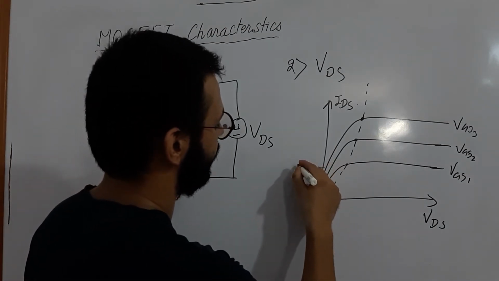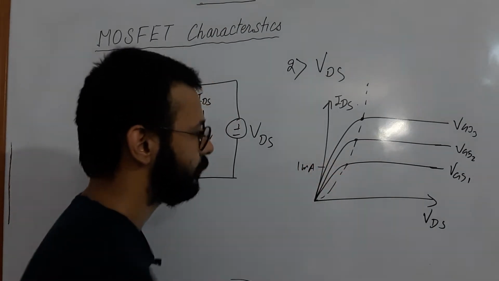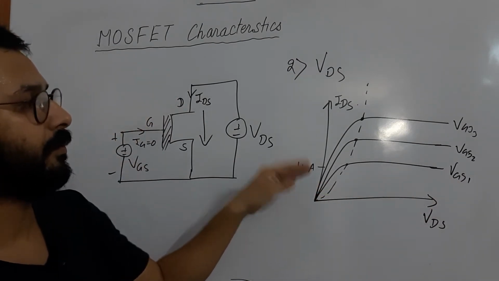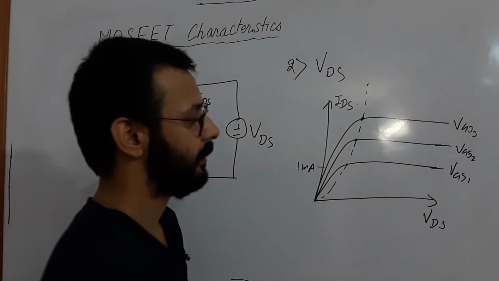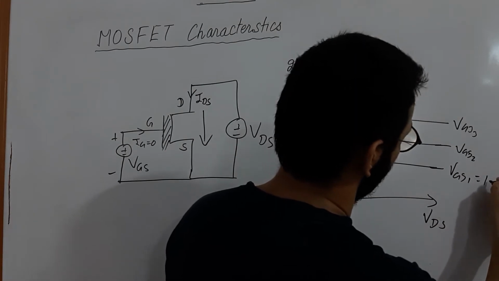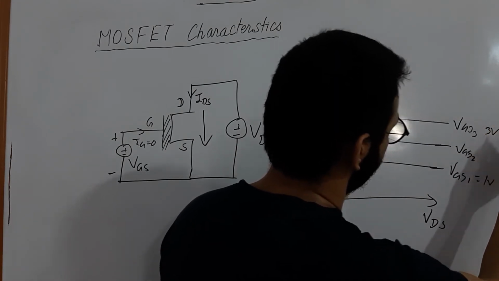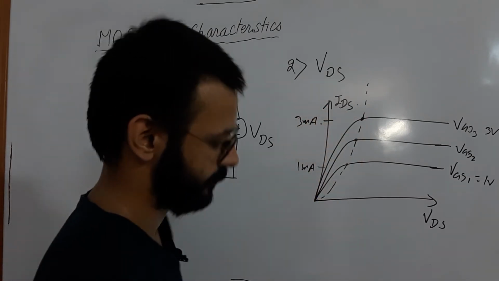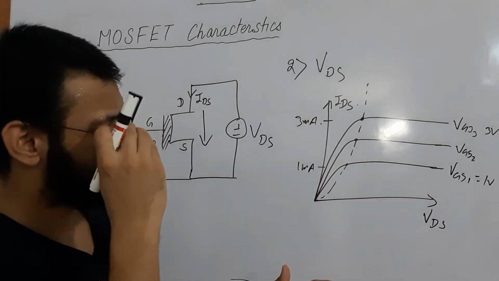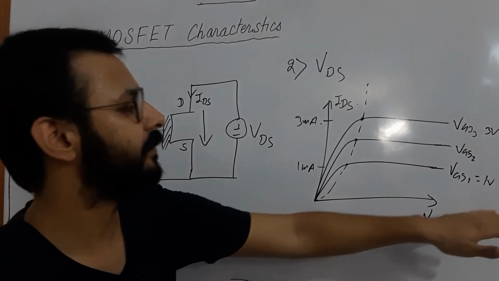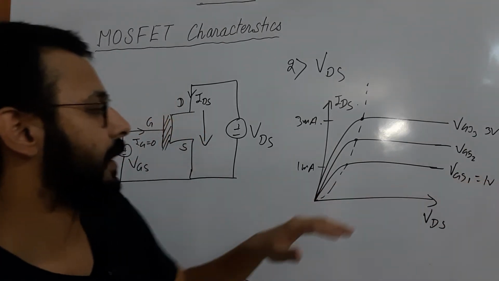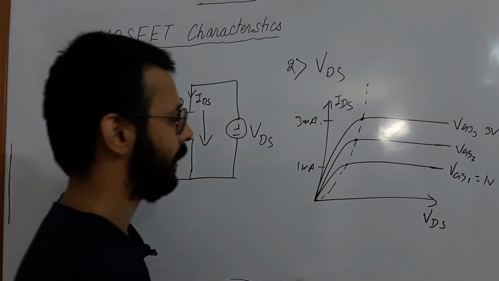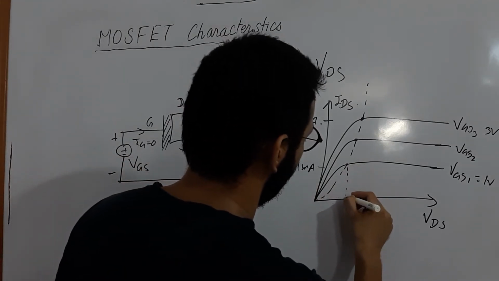Let's think this is 1 milliampere. So for VGS1, the maximum value will be 1 milliampere, but for VGS3, suppose this is 1 volt, this is 3 volt, and this is also 3 milliampere. So I think now this is very much clear. If I apply 1 volt, then the maximum current value will be 1 milliampere, and this is the point.